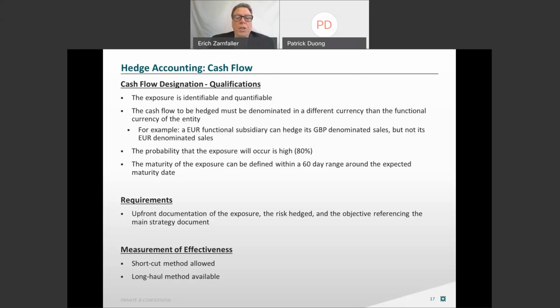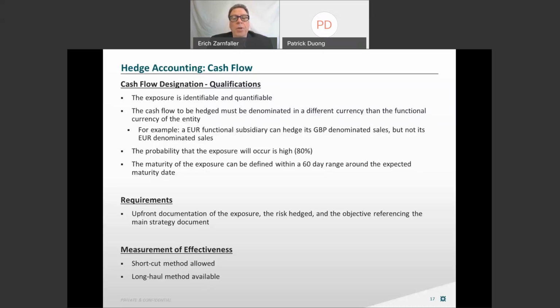Next, the upfront documentation defining the exposure and the amount, the risk hedged, the expected effectiveness, and the objective referencing the main strategy document must be completed for each hedge. Finally, the expected effectiveness must be determined up front, and during the life of the exposure, it must be monitored.